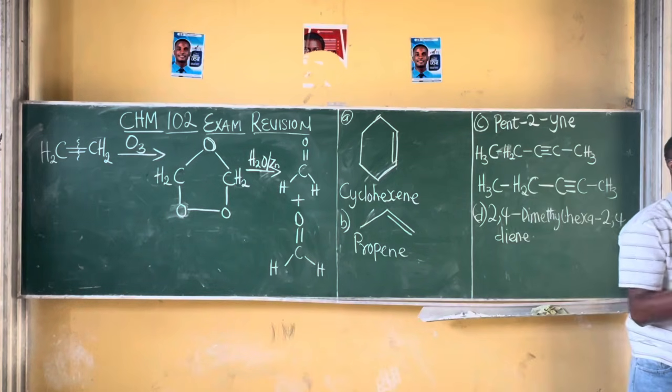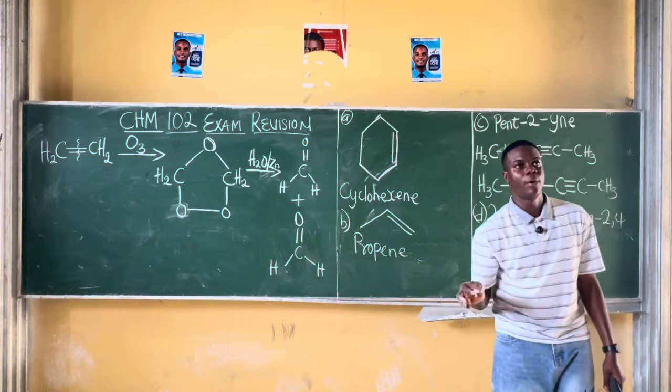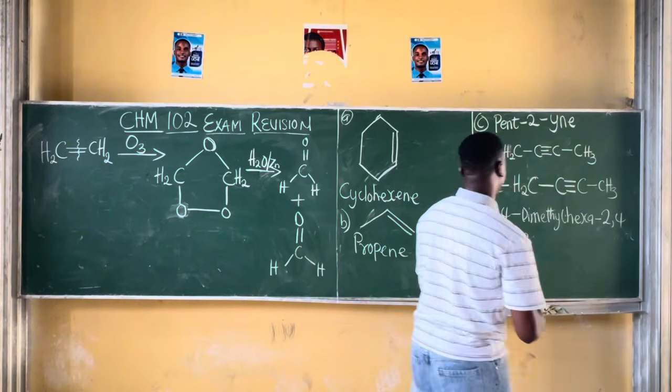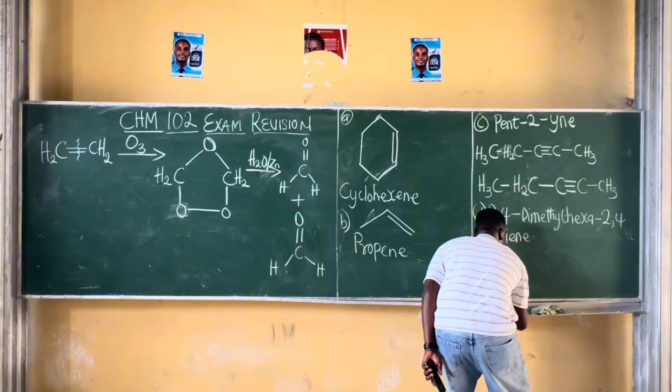Then in carbon 2 and carbon 4, there is both a double bond and methyl groups attached to these carbons. So it's hexa, so we're looking at a 6-carbon chain.